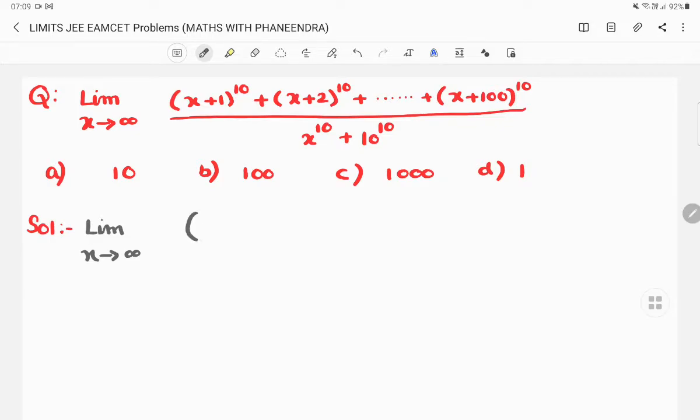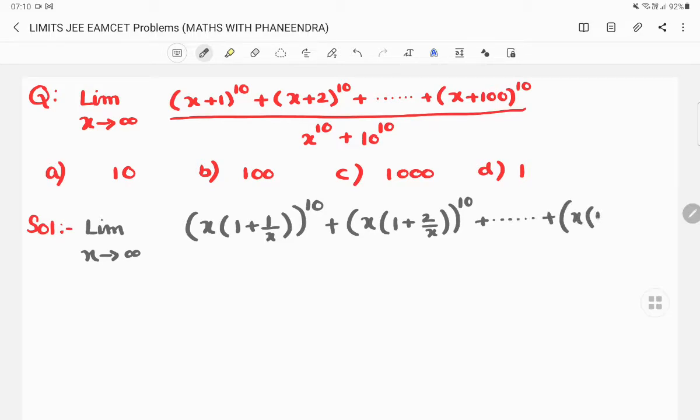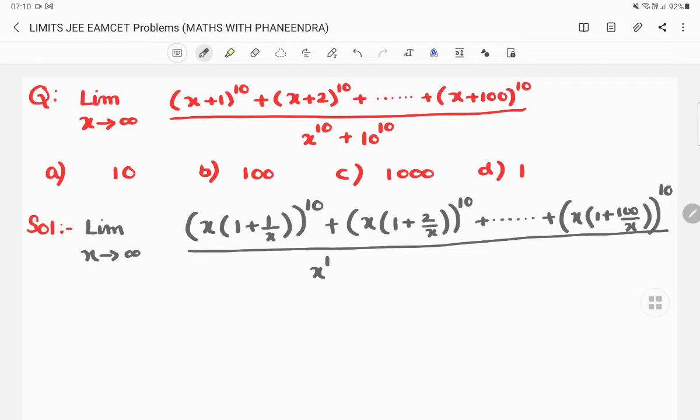In the first term I am taking x common, so the remaining term we get is x into 1 plus 1 by x whole power 10, plus the second term also, x we are taking common, 1 plus 2 by x whole power 10 plus and so on, x taking common 1 plus 100 by x whole power 10, divided by x power 10 taken common from the denominator. So you are going to get 1 plus 10 power 10 by x power 10.